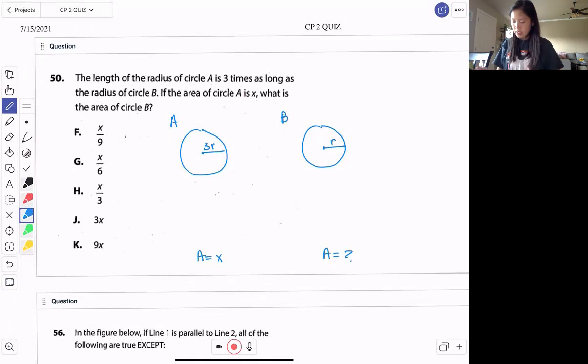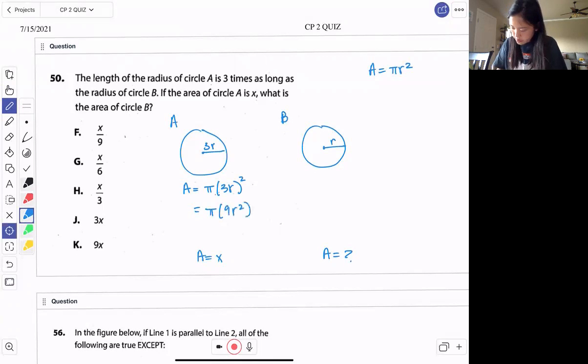So this is the area for A, and we want to know what's the area for B in relationship to circle A. Okay, so in this case, we know that to find the area of a circle is pi r squared. So this would be pi 3r squared, which would end up being pi 9r squared, because 3 squared is 9, and then r squared.